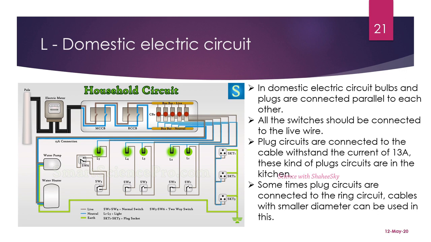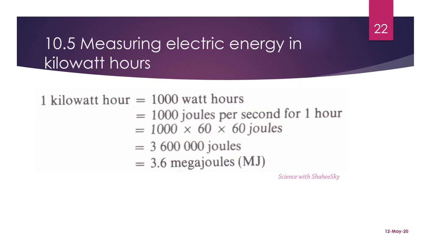And now let's come to the measurement of electric energy. Electric energy is measured in kilowatt hours. This is the equation: 1 kilowatt hour is 1000 watt hours, that is 1000 joules per second for 1 hour.